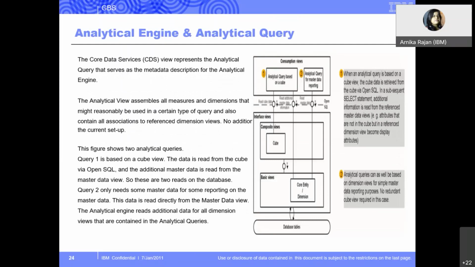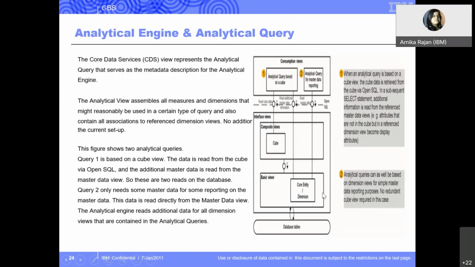This is already covered. You can see we can have an analytical query based on a cube view, or we can create an analytical query directly on the master data view. Both ways we can do, as I have shown in this flow.